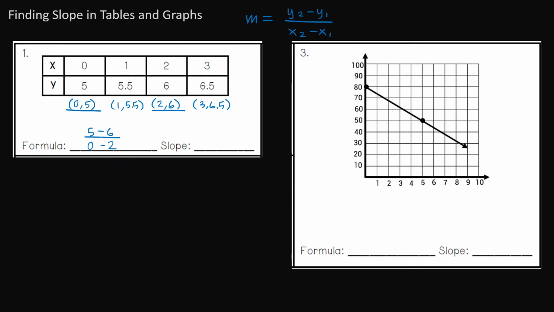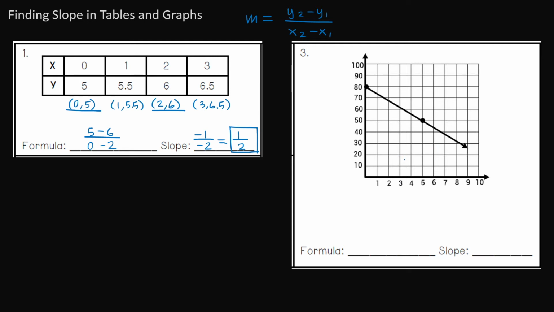The same order must apply. And so my slope, after I simplify this here, 5 minus 6 is negative 1. 0 minus 2 is negative 2. So fully simplified, my slope of this line would be 1/2, or my rate of change would be 1/2. For every 1 x increases, y increases by 2.